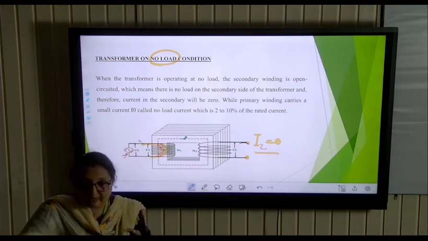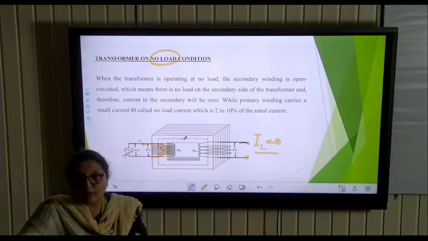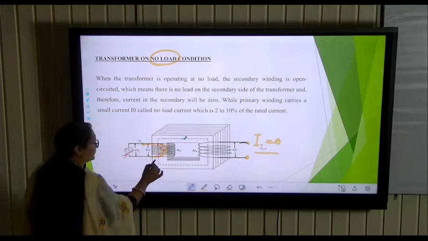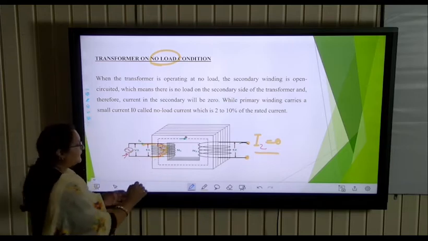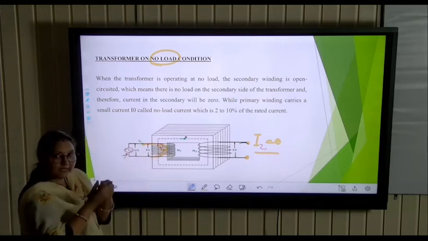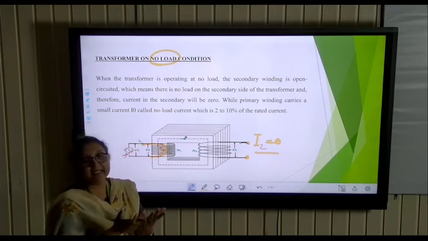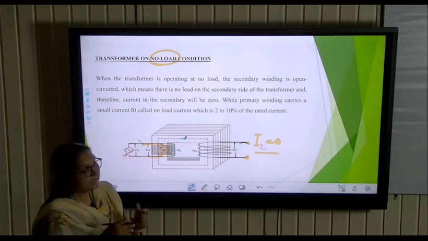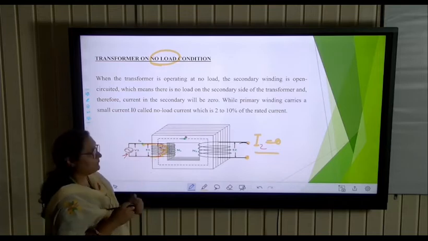To generate that magnitude, some minimum current is required from the primary side. So the primary coil will take that minimum current to generate the necessary flux in the core, and that's why this is represented by I0.